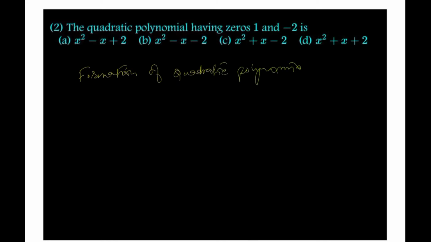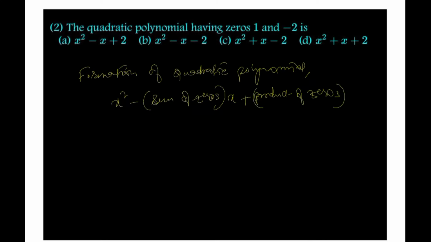It is nothing but x squared minus the sum of the zeros into x plus the product of the zeros. This is how we form a quadratic polynomial.